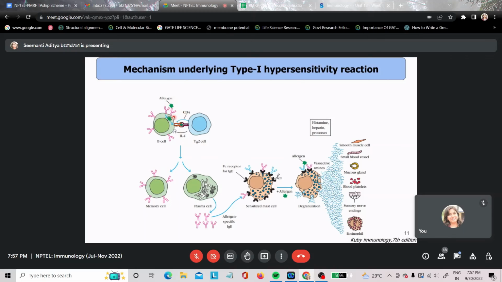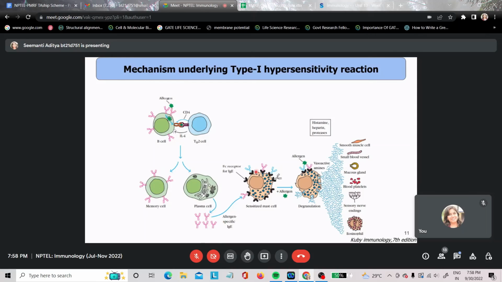This allergen is also processed and presented by MHC class 2 to the T helper cells, and the T helper cells interact with this allergen and produce a lot of cytokines. Whenever there is a lot of cytokine production, B cells will proliferate into memory cells and plasma cells, a lot of memory cells and a lot of plasma cells. These plasma cells will again produce a huge amount of IgE antibody, which is specific to this antigen.